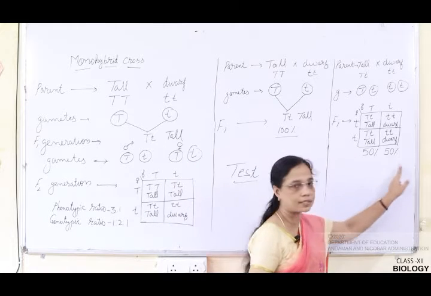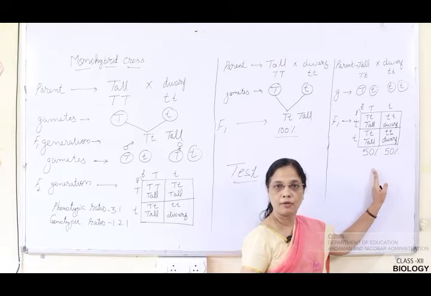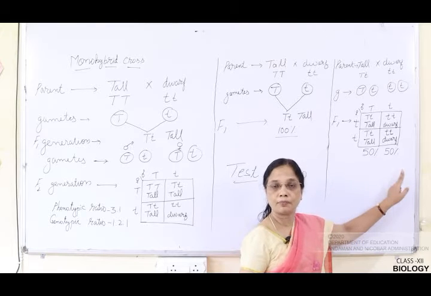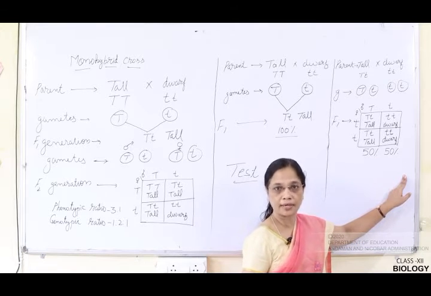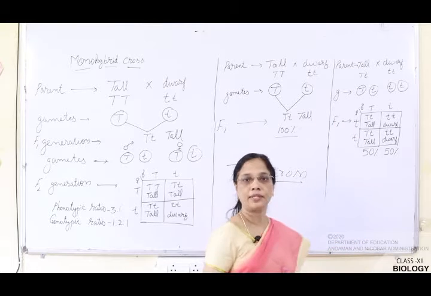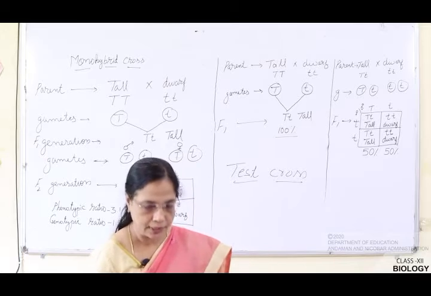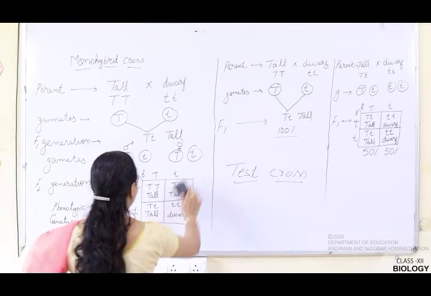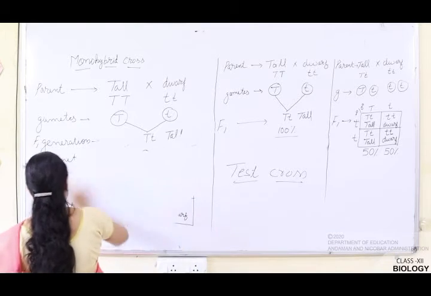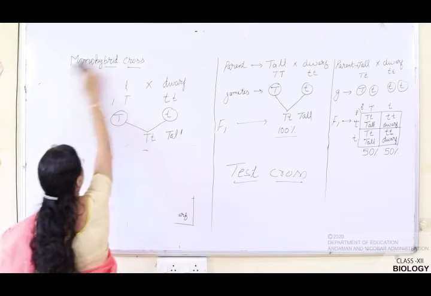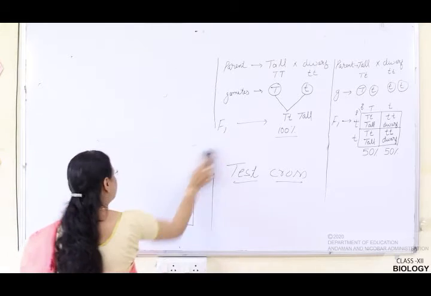If you get the result 50-50, 50% tall and 50% dwarf, then the parental plant, the unknown dominant, is heterozygous. Is it clear, students?